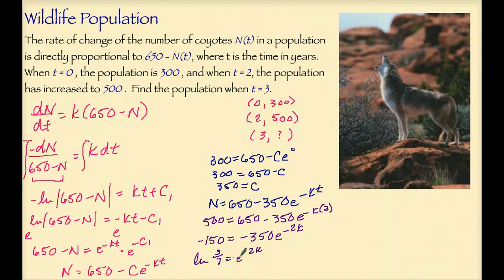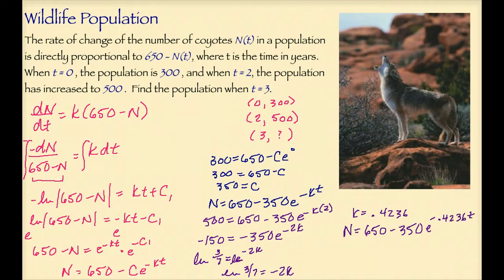And then when we take the natural log of both sides of the equation, we get natural log of 3/7 is equal to negative 2k. This means that k is equal to 0.4236.